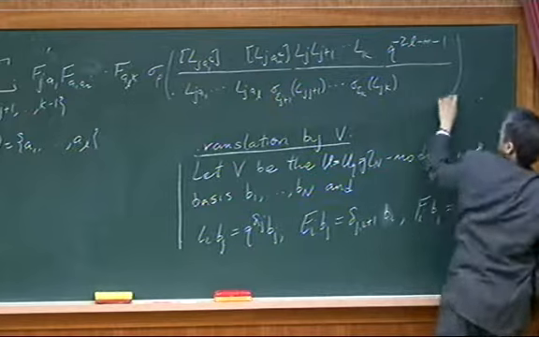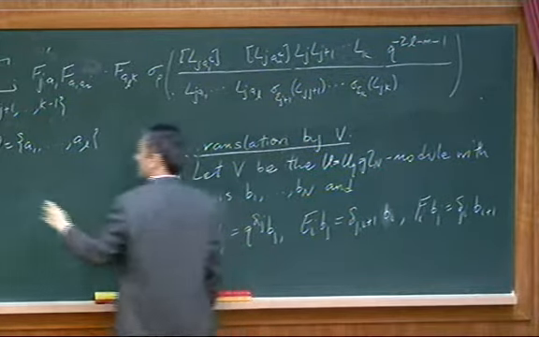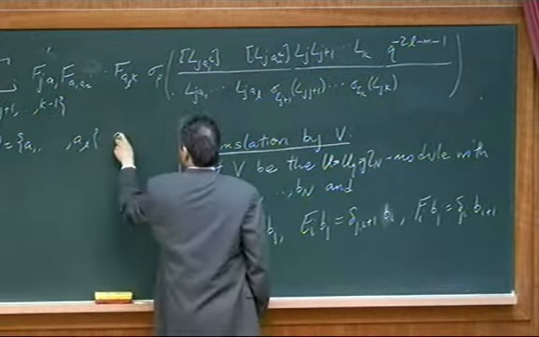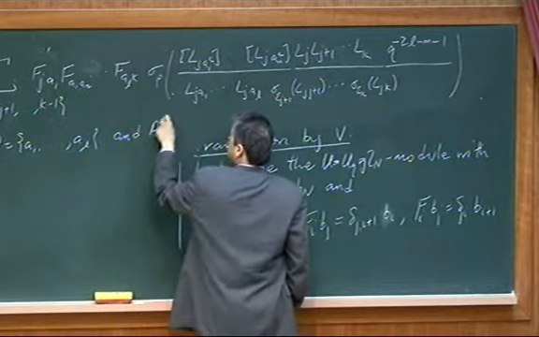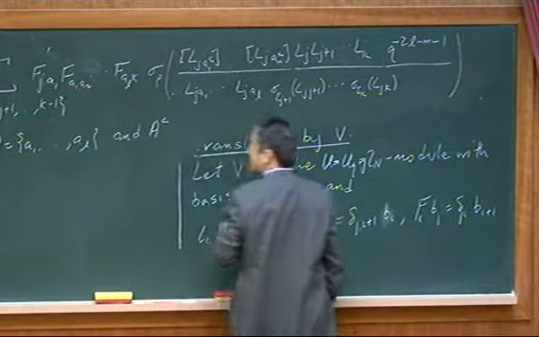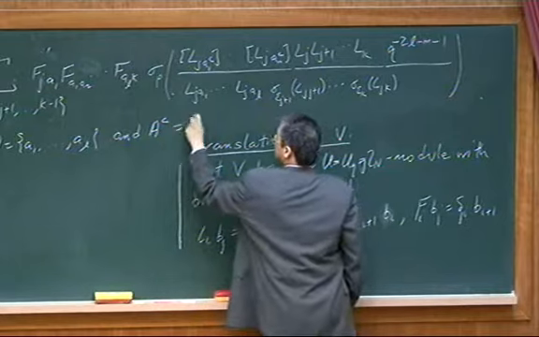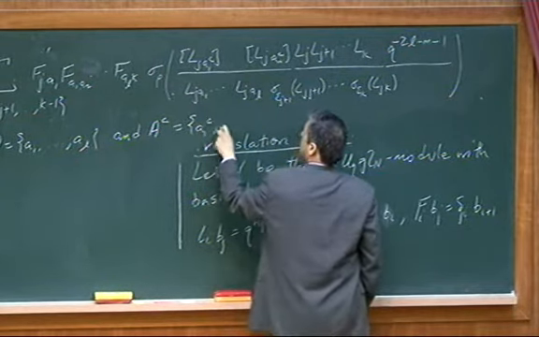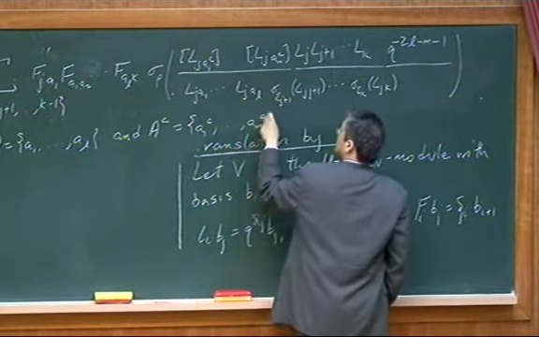I think that's right. And A complement is the complement of the subset inside j plus 1 up to k minus 1, and I label that as a_1 up to a_m complement.